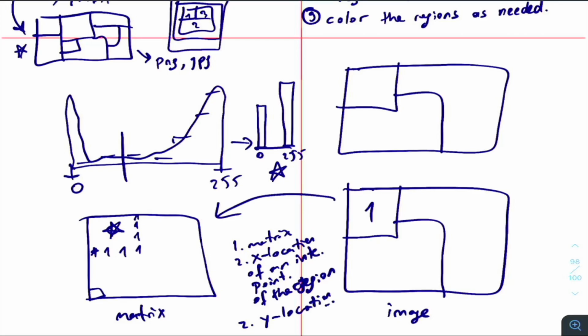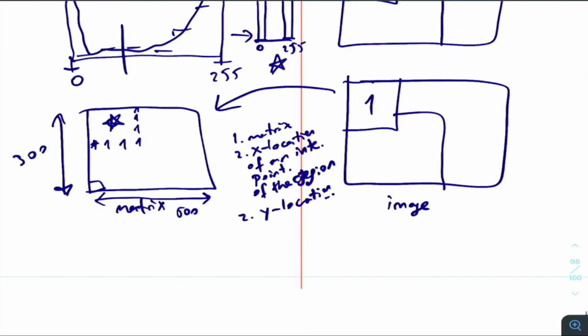For example, this is like 300 rows and 500 columns, right? And you will apply that matrix. I'm going to write matrix 1, and then the row number. What is the row number? Let's say 50, okay.